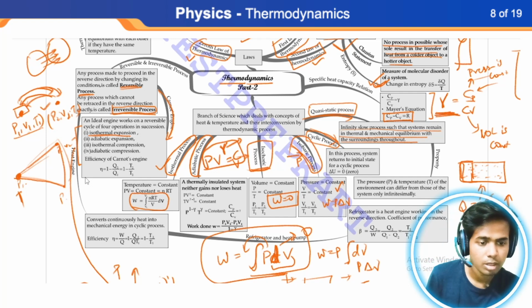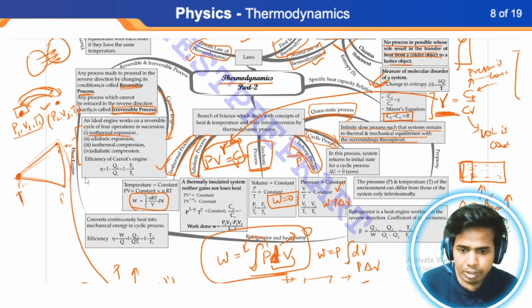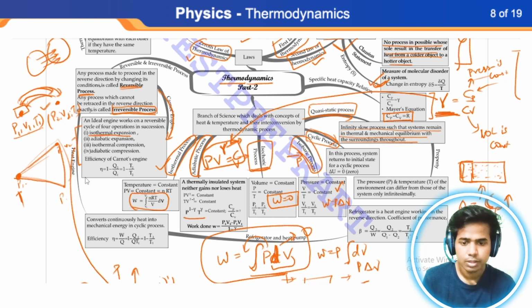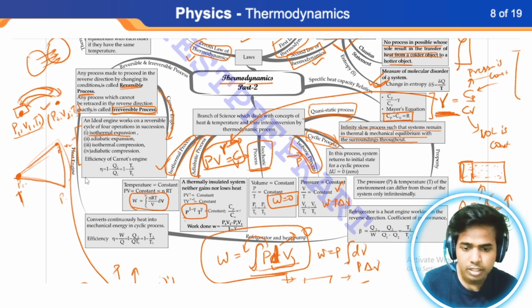This is the gamma I'm talking about, which will come into this equation. So this is the specific heat capacity ratio. When you play around with it and calculate the work done in the same format, which is the integral of PdV, you will be left with something in this format.